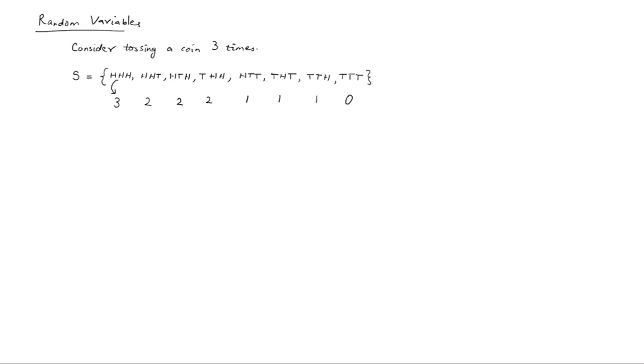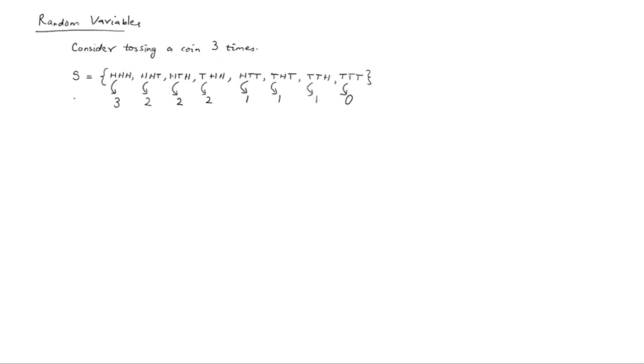Okay, so it's like I have mapped the outcomes of my experiment to numbers. I have mapped this outcome to the number 2, this outcome to 2, this outcome to 2, this outcome to number 1, this to 1, this to 1, and this outcome to number 0.